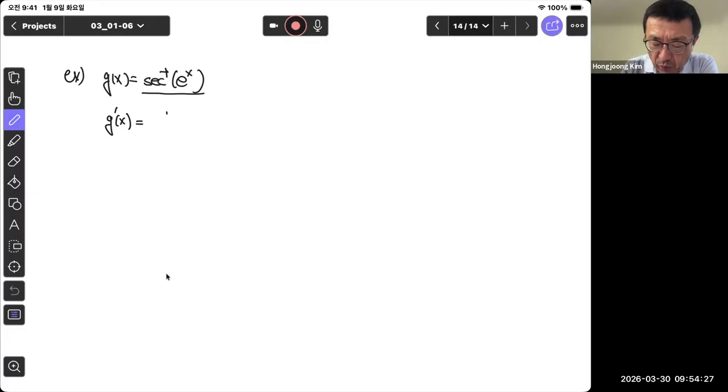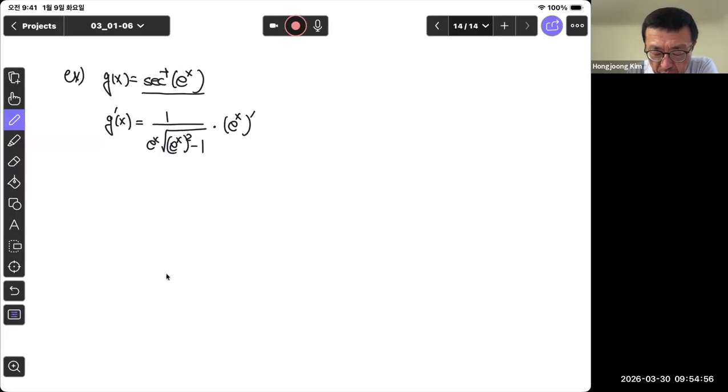So you get 1 over e to the x times square root of e to the x squared minus 1. That was the evaluation of the derivative of the inverse of the secant function at the inner function, multiplied by the derivative of the inner function, which is e to the x.